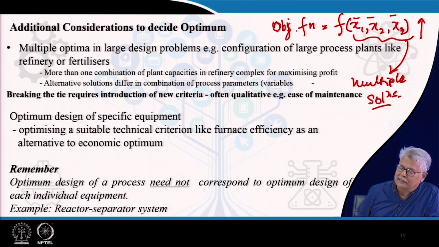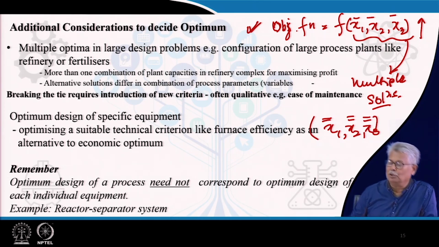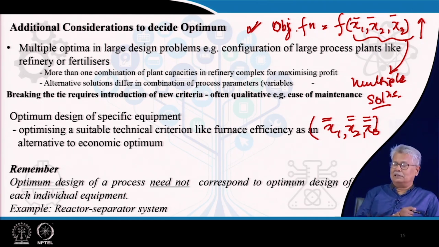It simply means x1 bar, x2 bar and x3 bar which I have shown here on the board is not the only set which gives you the minimum value of the objective function. I could also have a combination of x1 double bar, x2 double bar and x3 double bar which is going to give you the same objective function as well. So possibly the user or the designer, when he finds there exist multiple solutions, has to choose between the two.